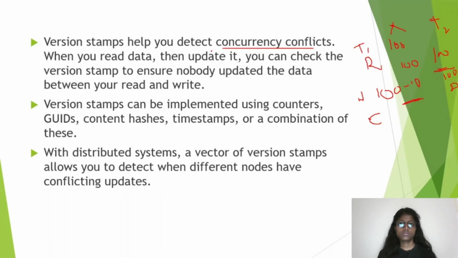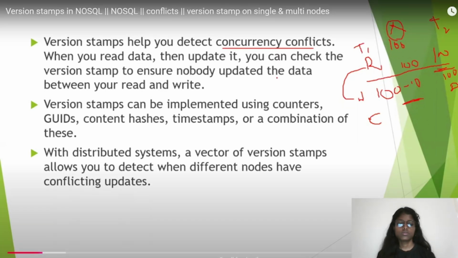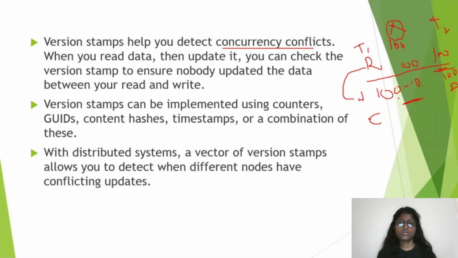That means between your read and write operation, another transaction is performing an update on your data. So here an error will occur. Why? Because you are assuming one value and writing something, while someone else is assuming some value and updating it. So here you may get a conflict.